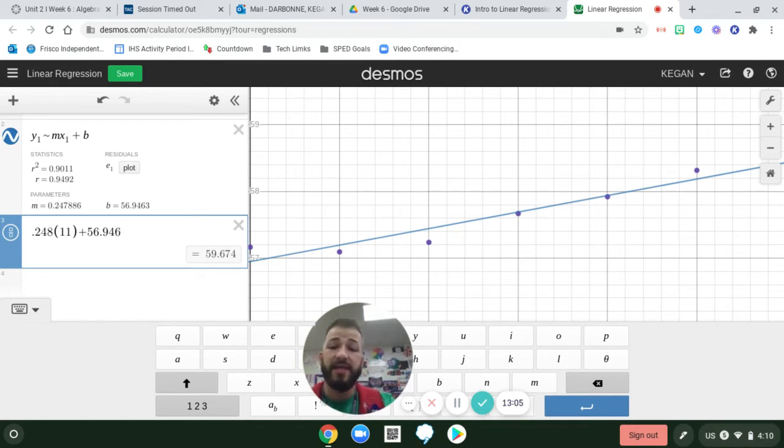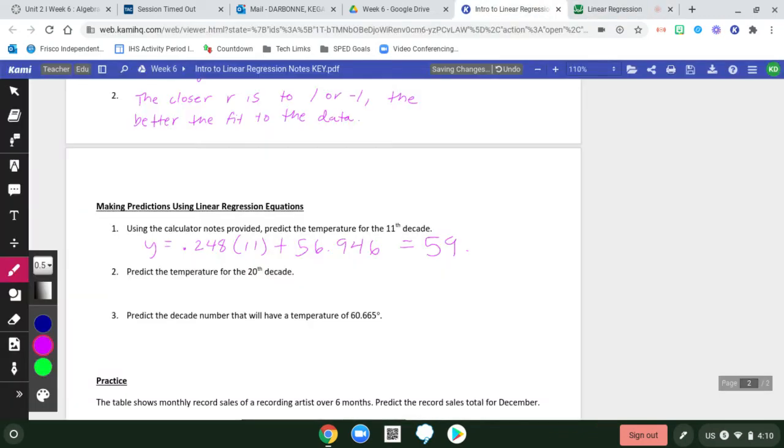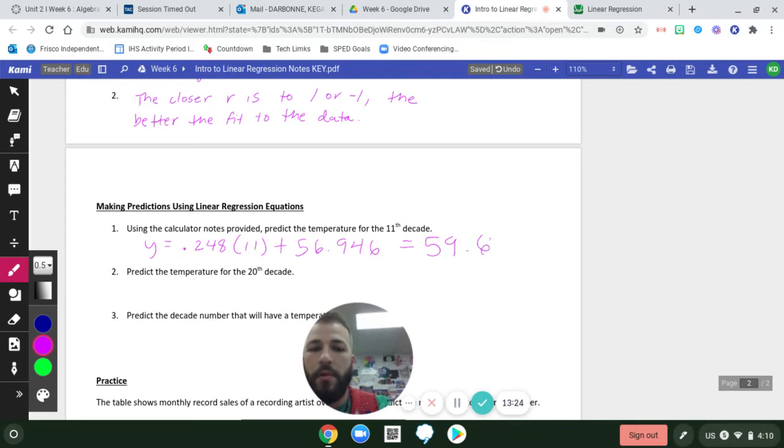It's just calculating that exact value. So we get 59.674. We can just type that right in here for our temperature in the 11th decade, equals 59.674. I'm just going to add a little degree symbol.